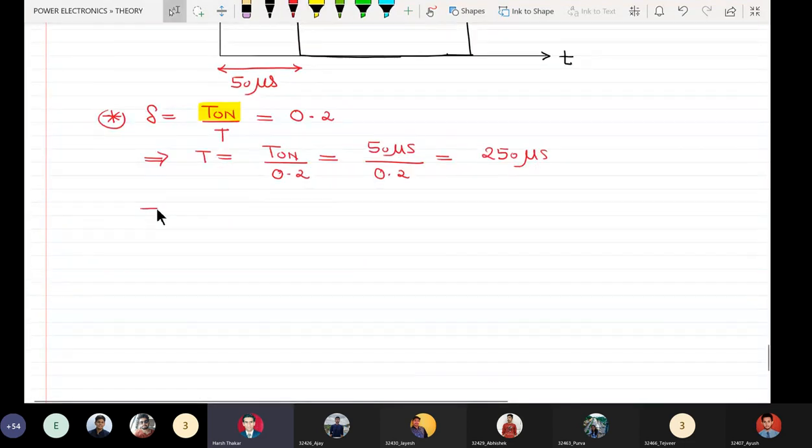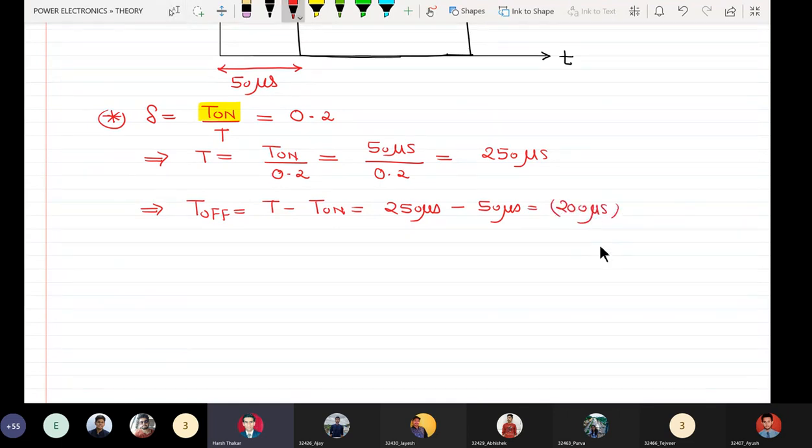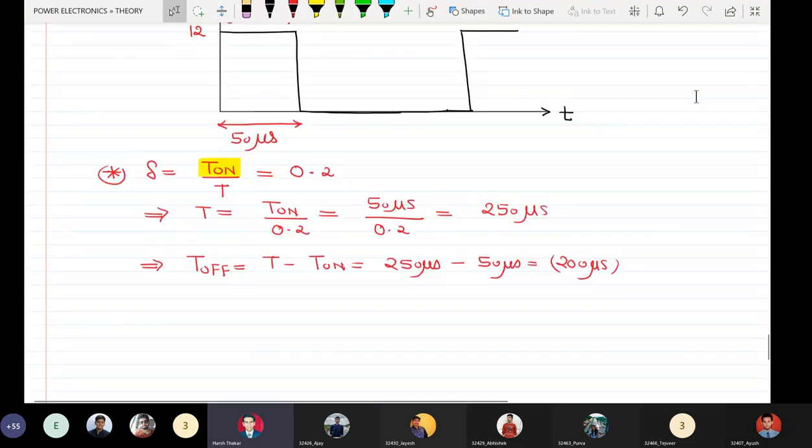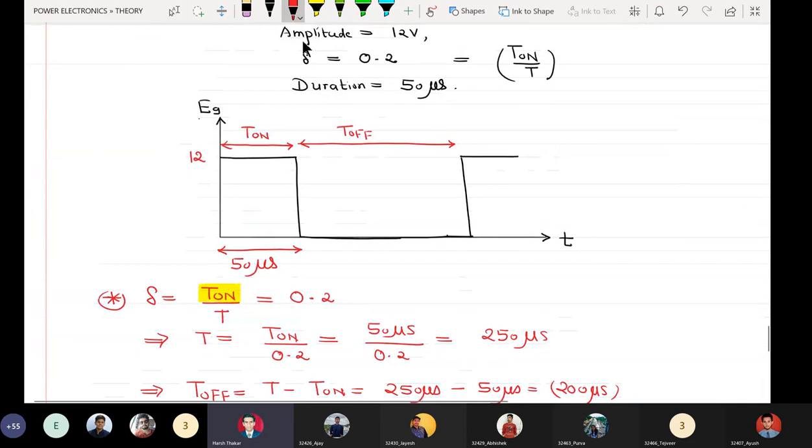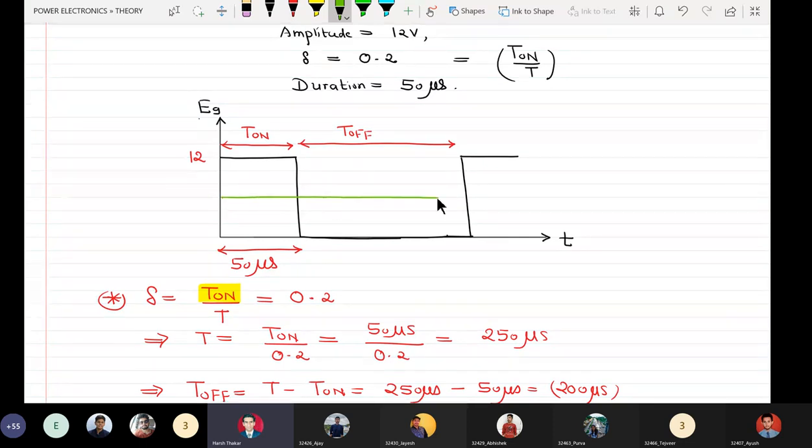Now students understand that this waveform, which starts at this point and ends at this point, is applied to the gate circuit.